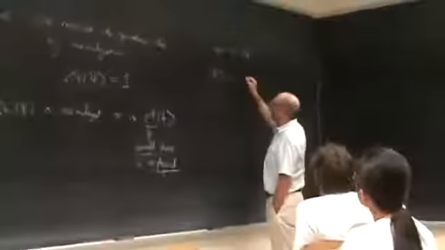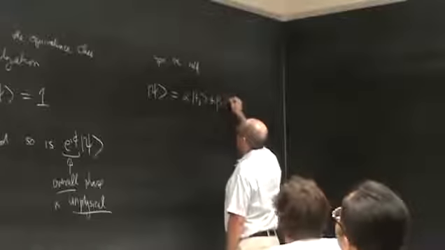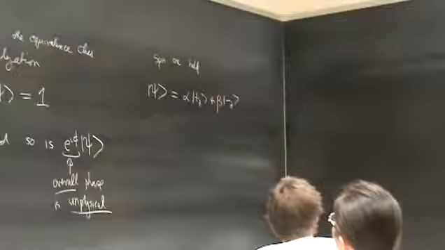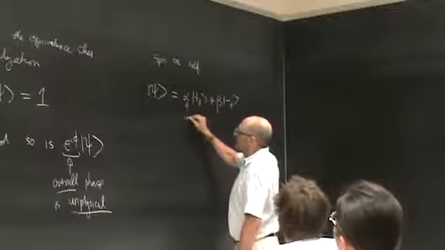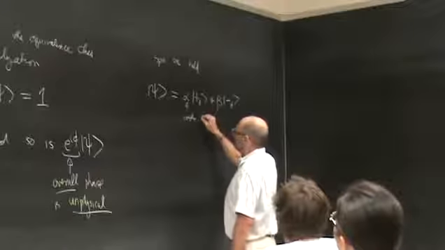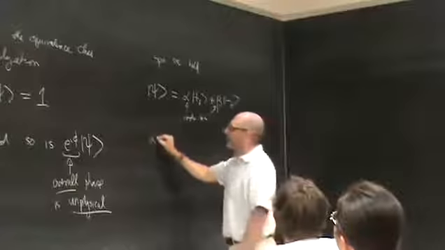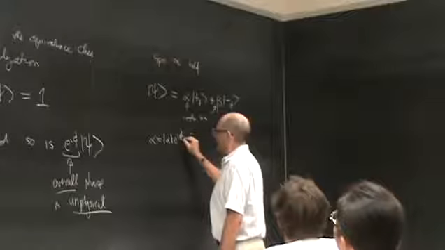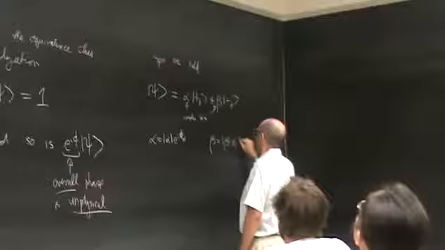That state I can expand in a superposition of the basis vectors spin up and spin down along the z-axis. Now, these are complex numbers. So alpha has some magnitude and some phase, and beta has some magnitude and some phase in general.